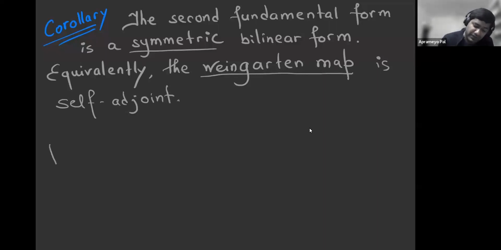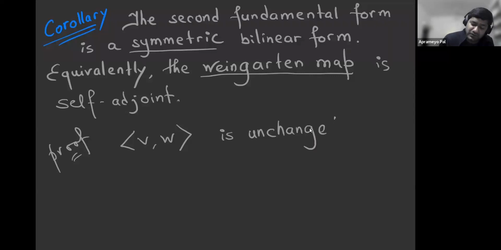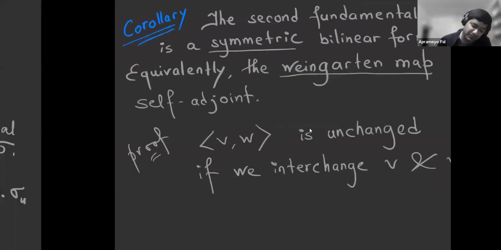Because you now have an expression of VW, and you can see that this is actually unchanged if we interchange V and W. So that's almost immediate from the expression.